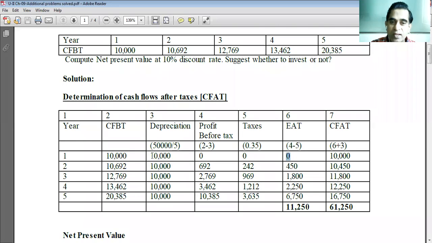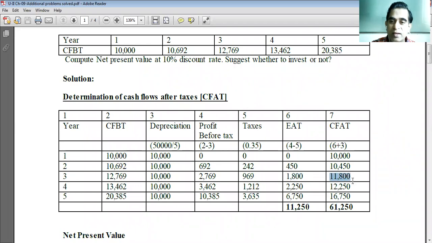So for year 1 it is 10,000 plus 0 is equal to 10,000 rupees CFAT. For year 2, 10,000 plus 450 is equal to 10,450. In year 3, 10,000 plus 1,800 is equal to 11,800.